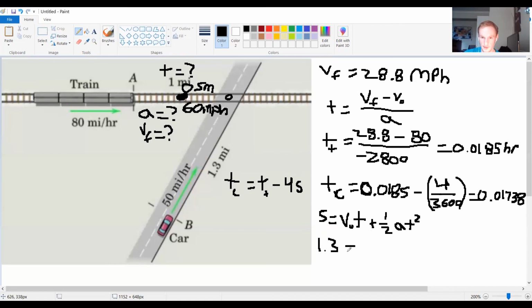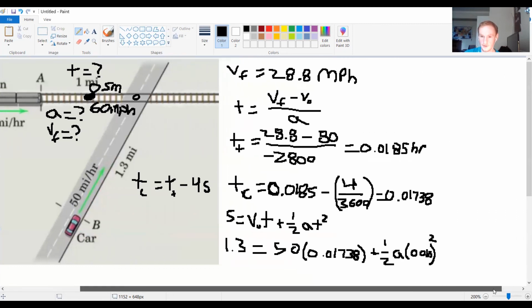And then we got it equal to 50 times this time of the car, plus 1/2, and A is unknown, and then the same T, you get the idea, squared. Oh, actually I can just do this.